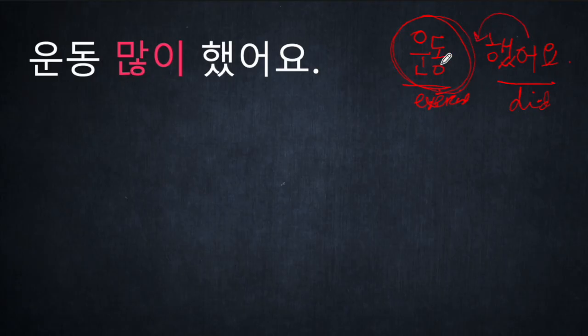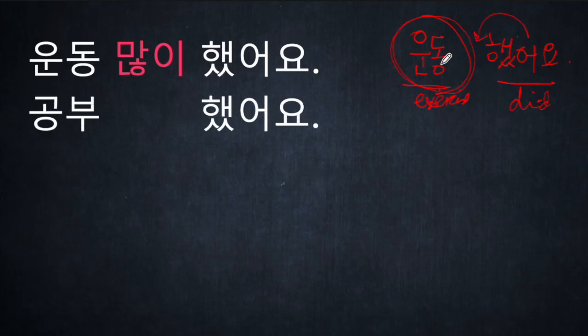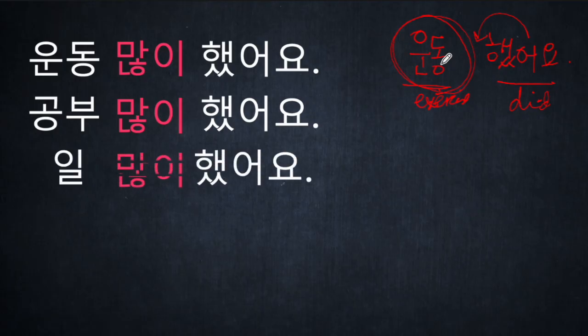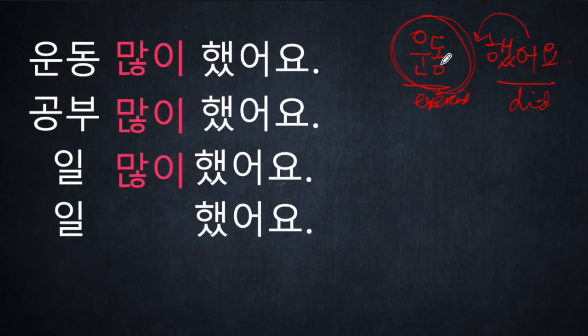Okay, 운동 많이 했어요. How about I studied a lot? 공부 많이 했어요. How about I worked a lot? Try to say it before I say it. 일 많이 했어요. Okay. How about you worked a little bit? 일 조금 했어요. Okay.